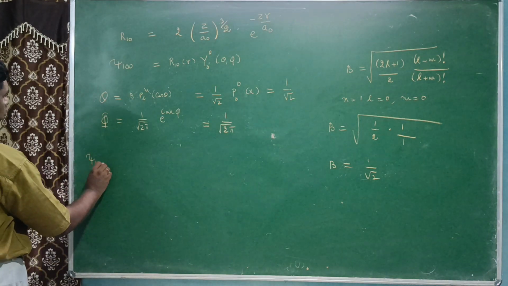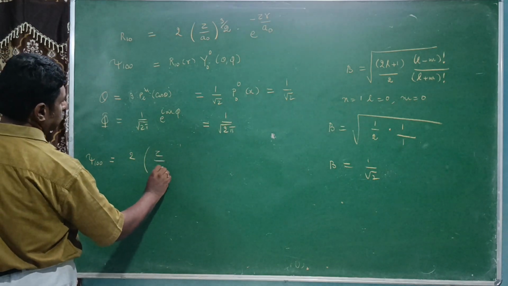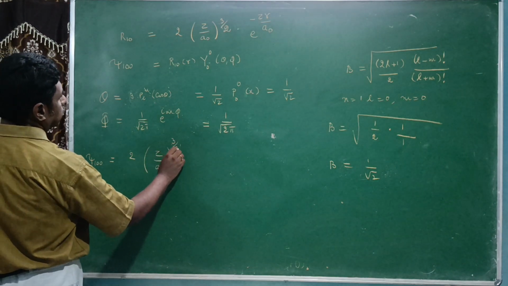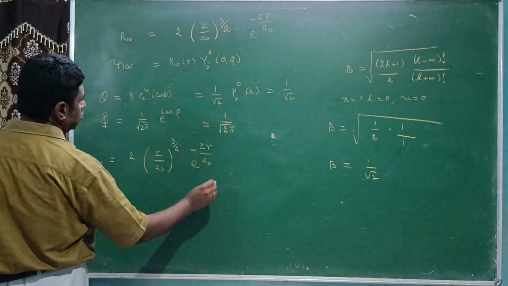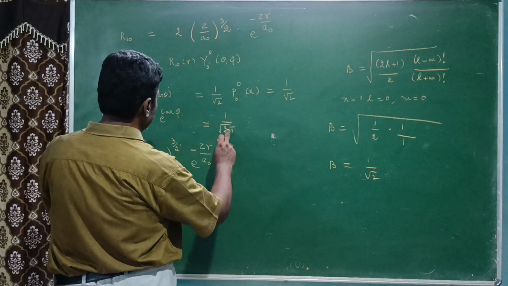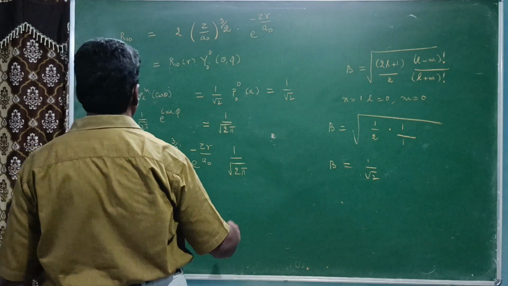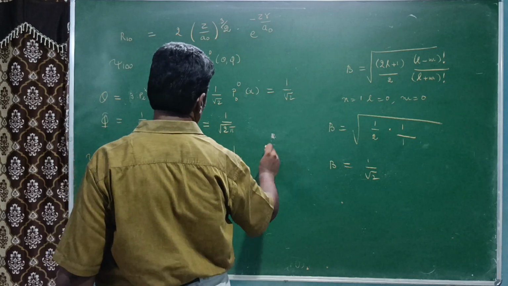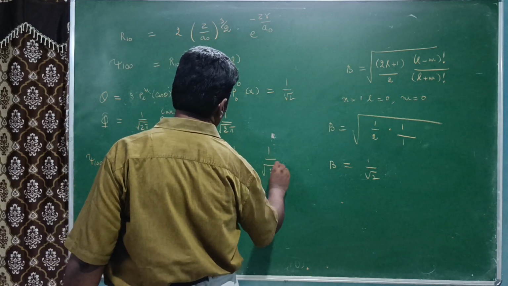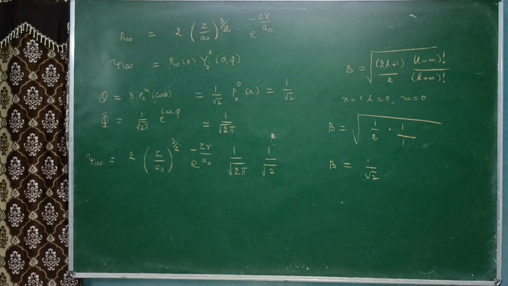Psi 1 0 0 is equal to 2 into (Z by a0) power 3 by 2 e power minus Zr by a0, into 1 divided by root 2 pi. Then the theta value is 1 divided by root 2. Now we have to multiply these to get the value of psi 1 0 0, the ground state wave function.